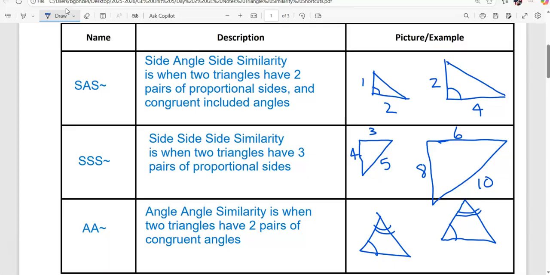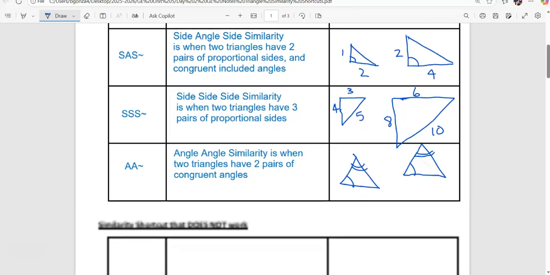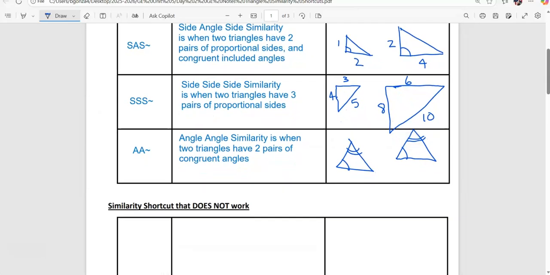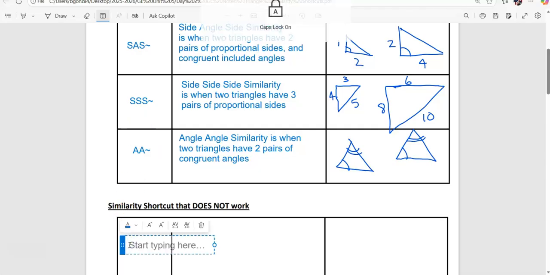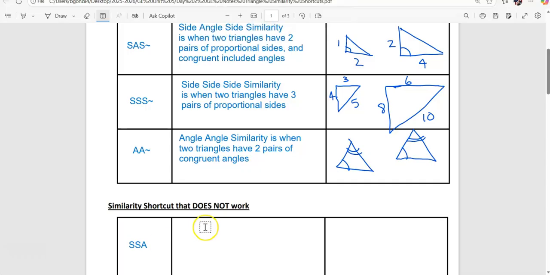While y'all are getting that, let me show you the one that's right below. Which one can you not use? Once again, you cannot use bad words in my class. So SSA, or backwards.